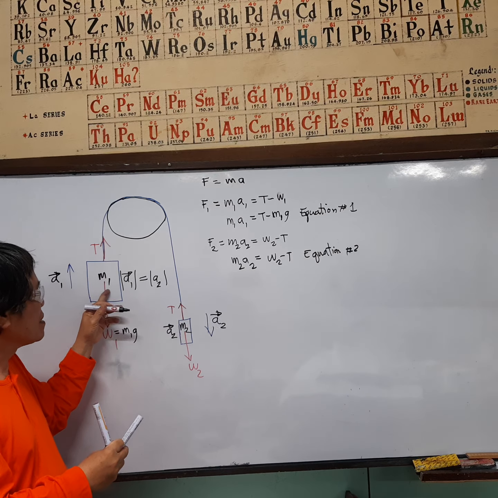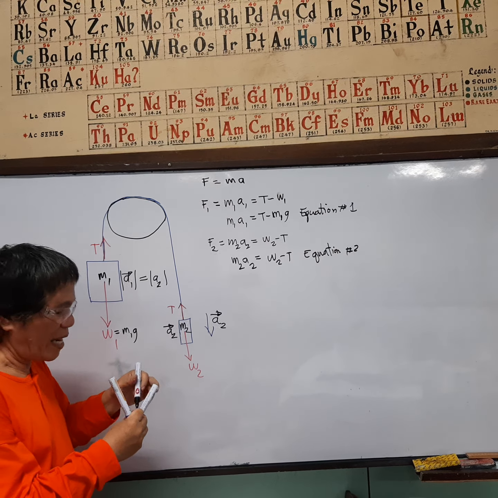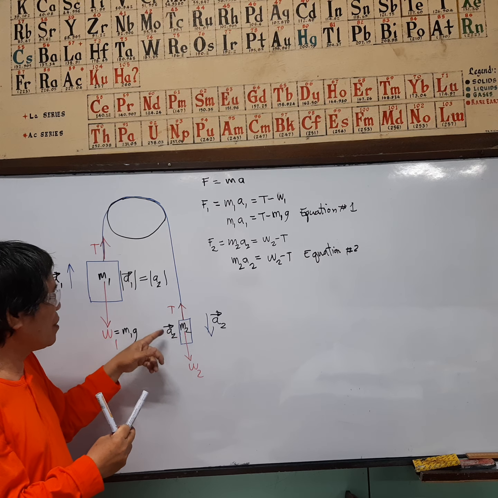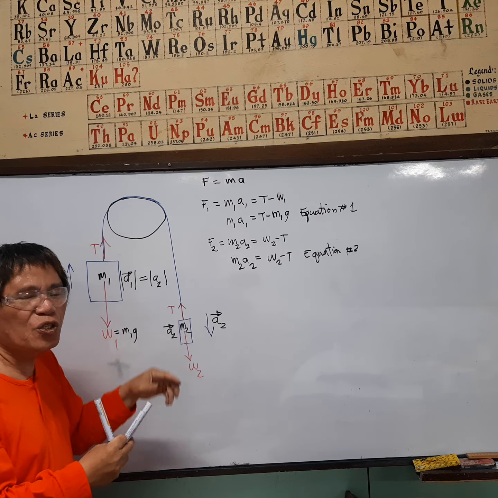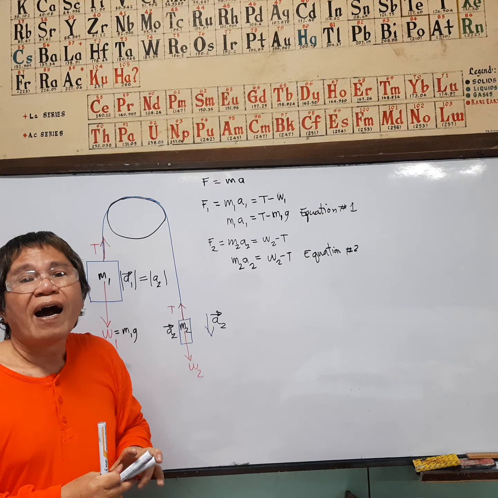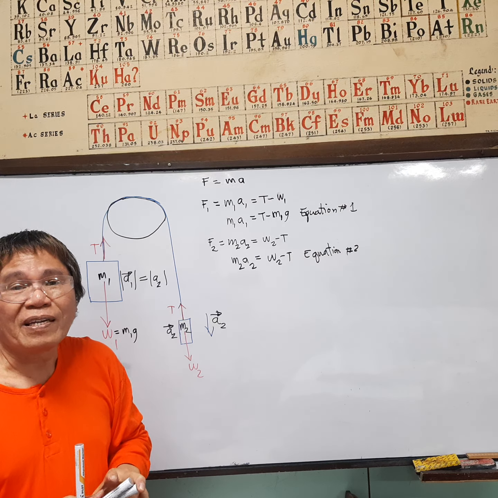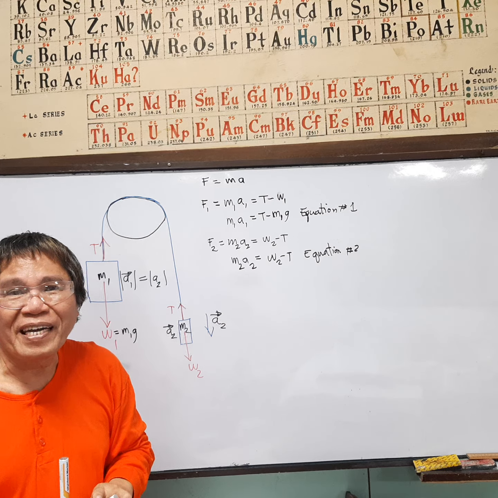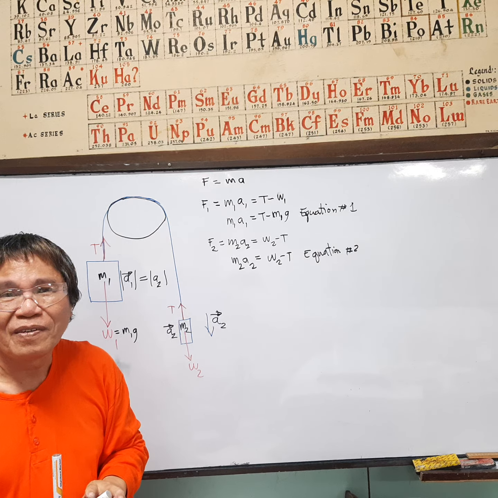Body 1, acceleration A1, body 2, acceleration A2, their magnitudes are equal to each other. Okay? They are equal. Why?